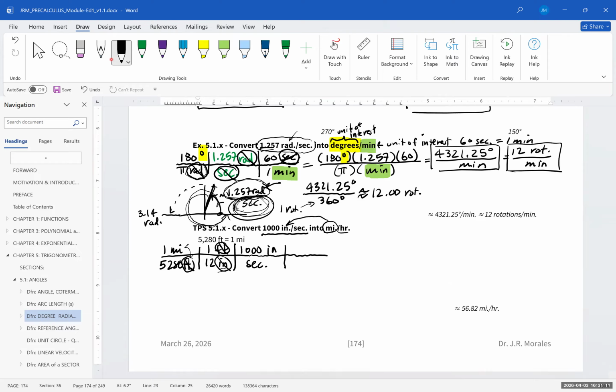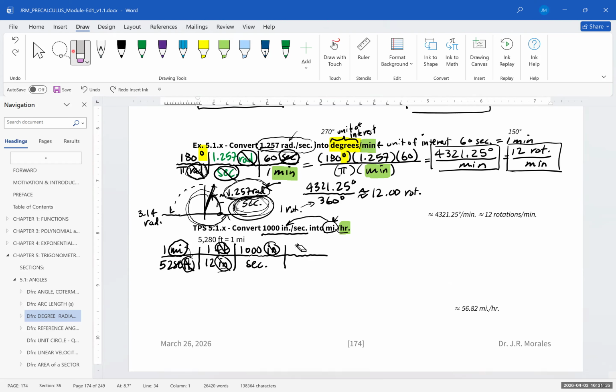So now inches will cancel with inches. And the only unit left standing, as far as distance goes, is miles. So we're good there. But we want to have our other unit of interest, which is hours, in the denominator. And right now we've got seconds.